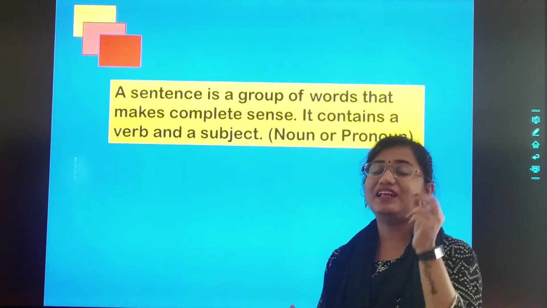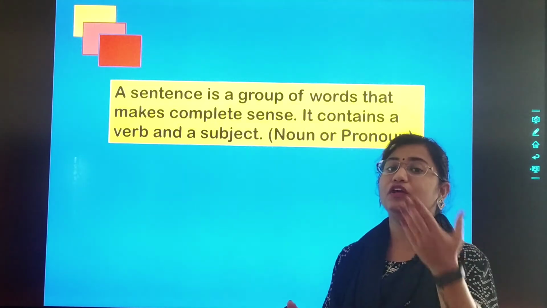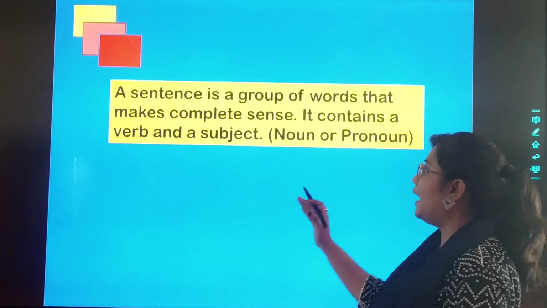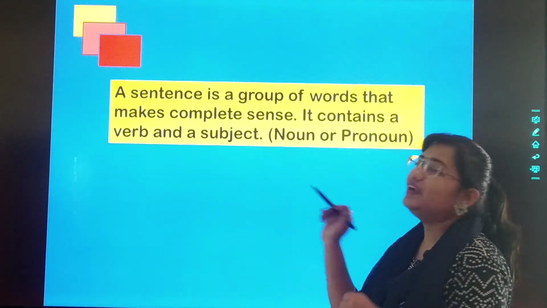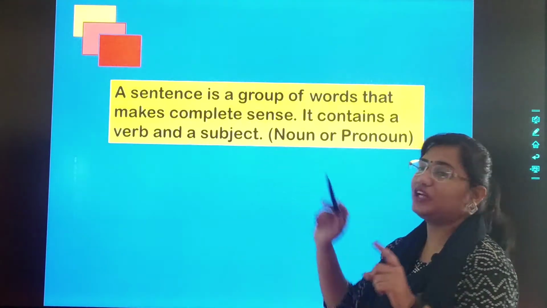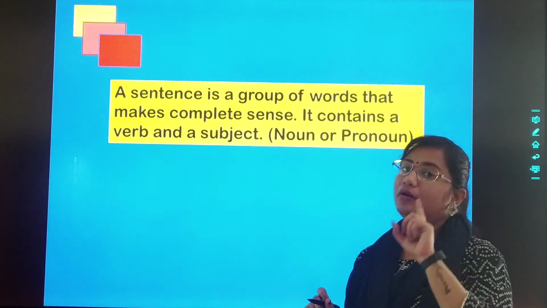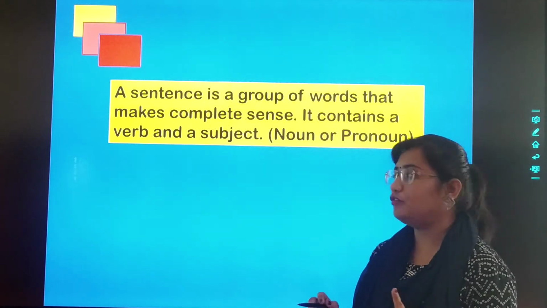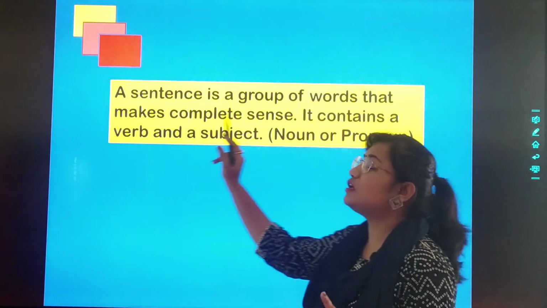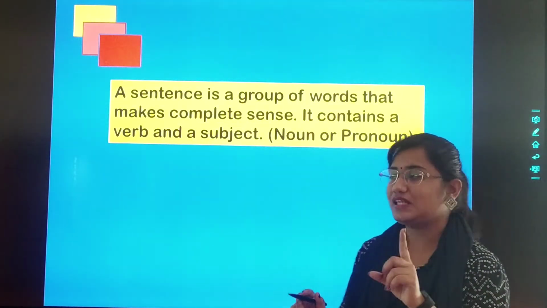It is a clear representation of what we want to convey, and it has a verb and a subject, and the subject can be a noun or a pronoun.